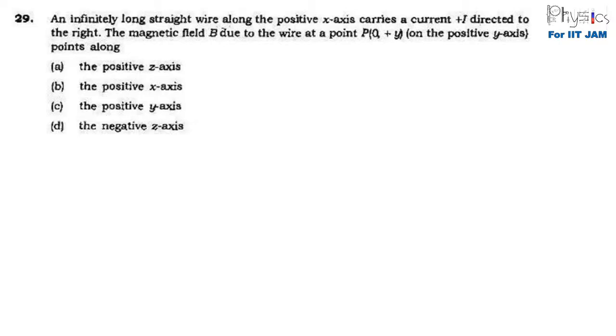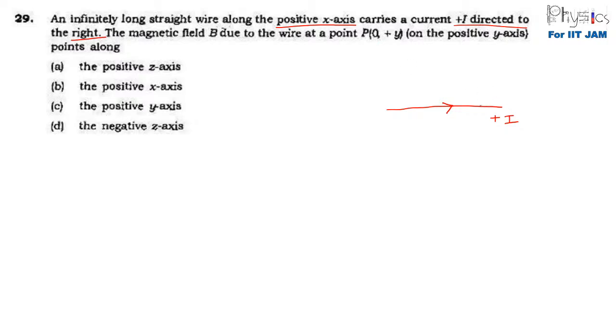Okay? So what was the rule to solve this question? So here our question is that a current is flowing in this direction, plus I directed to the right, along the positive x-axis.